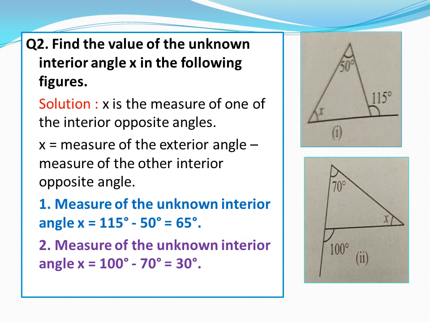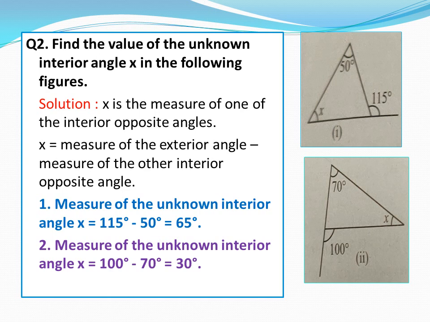And one of the interior opposite angles is given as 50 degrees. So we can find the answer this way: 115 degrees minus 50 degrees, you will get 65 degrees. So this 65 degrees is the measure of the other interior opposite angle. Understood children?